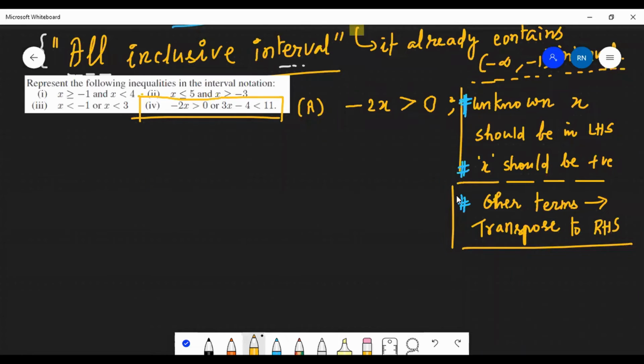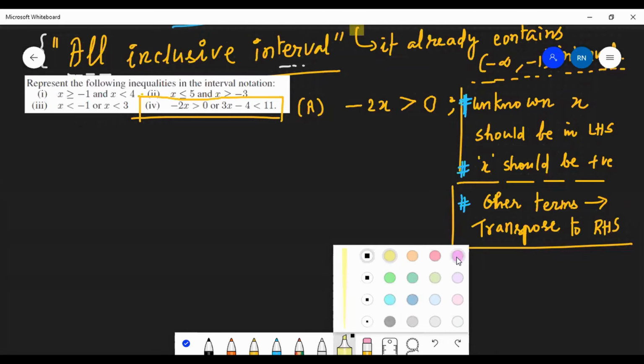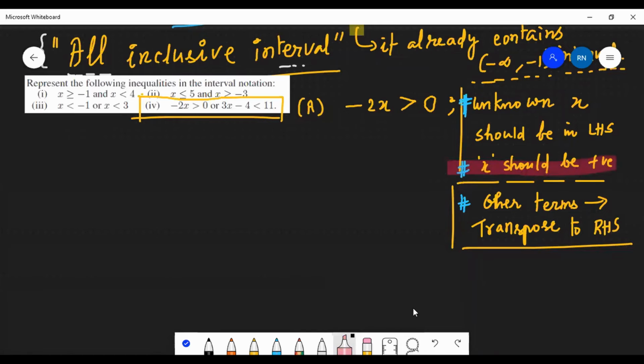Now, I told you in the second point a very important clue: x should be positive. How to do that? I have to change the sign, since it is not positive.